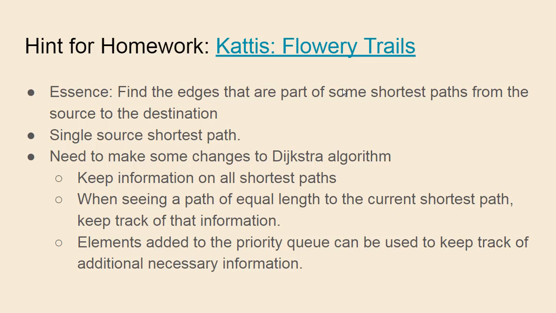So you need to keep information to reconstruct the shortest path, and in the standard Dijkstra algorithm, if you see a path of equal length, you simply ignore it. Here you need to keep track of that information, because that's also an equally short path, and those edges also need to be considered for the solution to this problem.